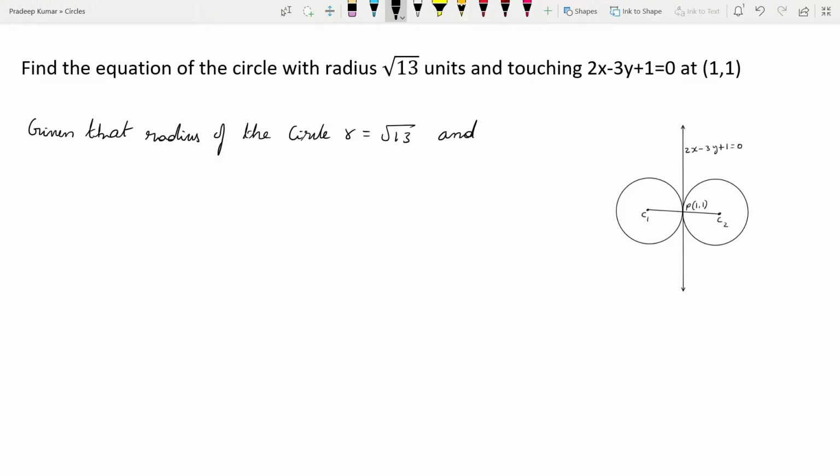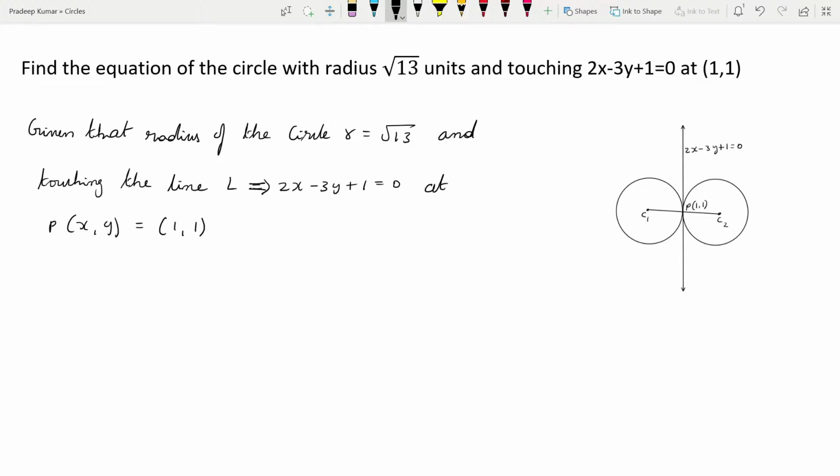So let's consider the line as L. The line is 2x minus 3y plus 1 equal to 0. So this is the line which is touching the circles, at the point x, y, so the coordinates are 1, 1, which was given.